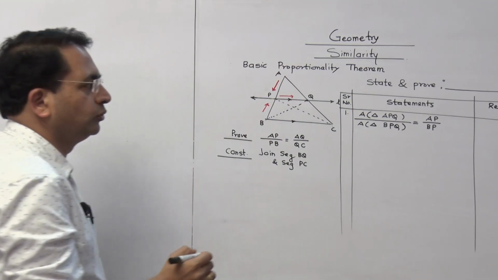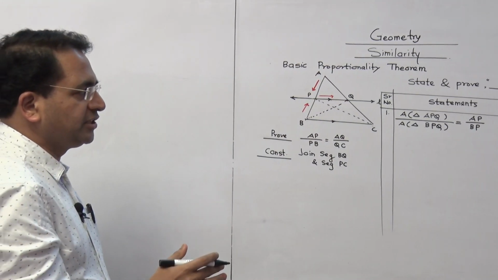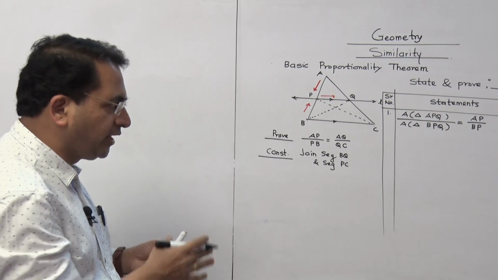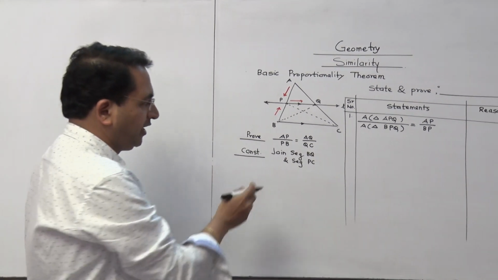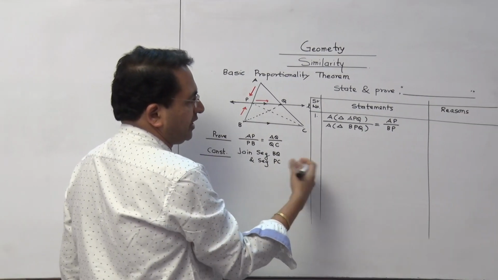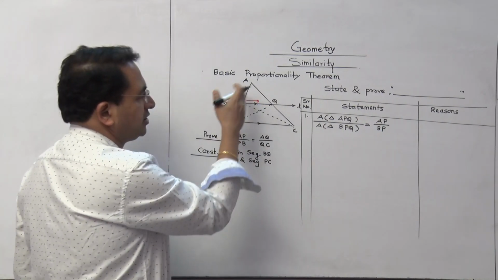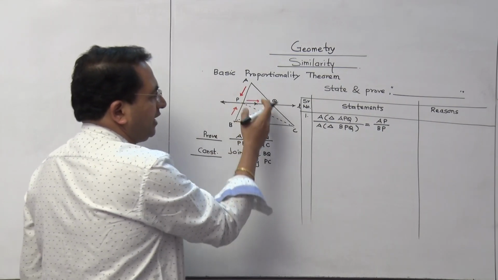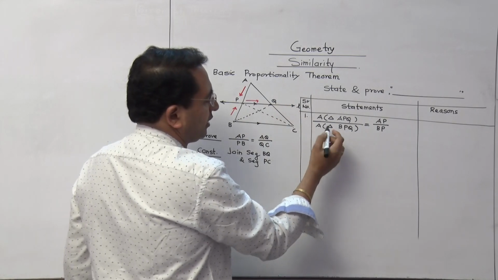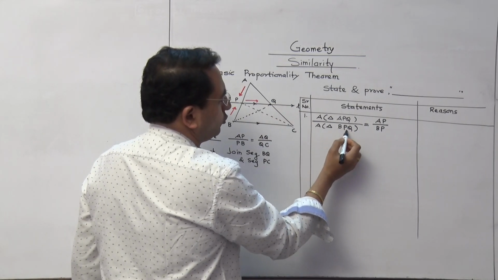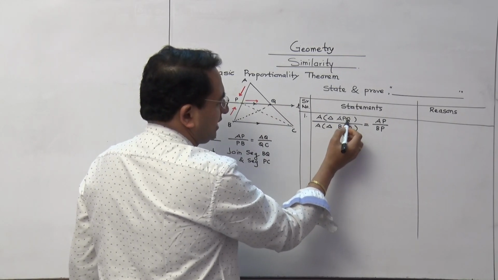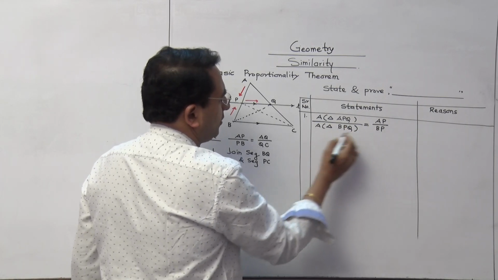Is it clear to you? Actually, this is the easiest way to write the proof. It may take a little more time, but in the exam, if you remember this logic of writing the names, then it is very easy. APQ and BPQ, you just forget the last letter, it becomes AP upon BP.